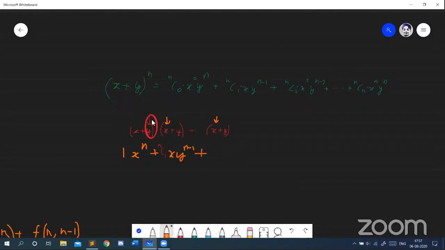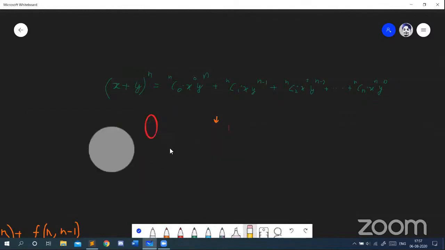So if I wanted the term containing x squared, then I would, okay, apparently I'm writing this down all wrong.